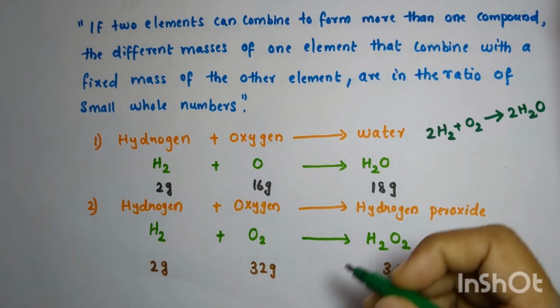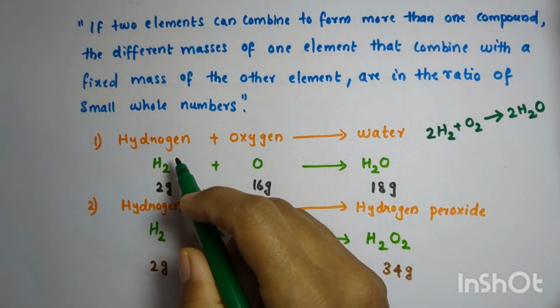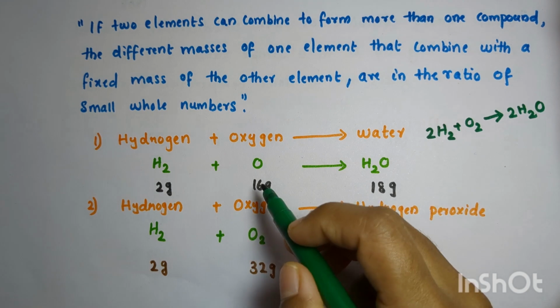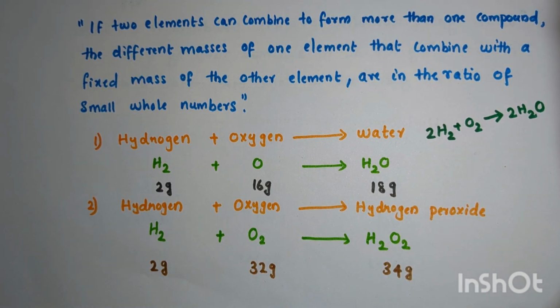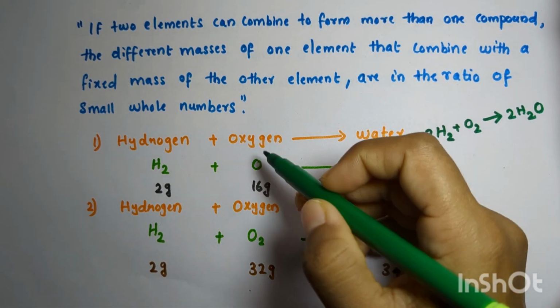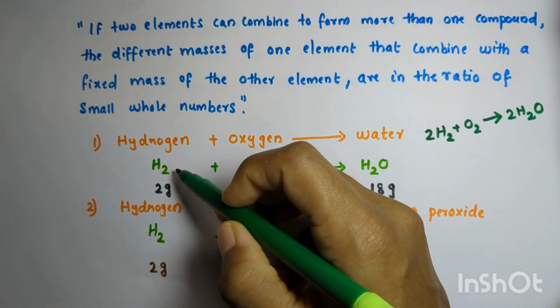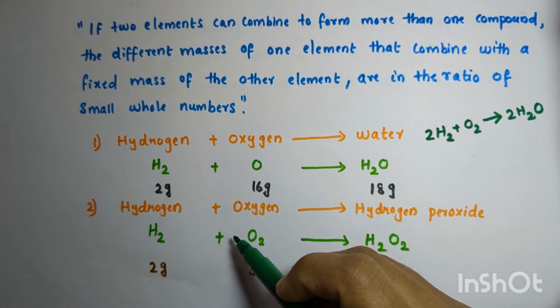In the two reactions, the mass of the element hydrogen is fixed at 2 grams, but the mass of oxygen is different. That is, different masses of one element, oxygen, combine with a fixed mass of the other element, hydrogen.